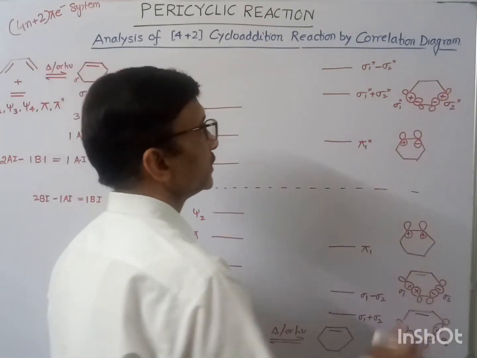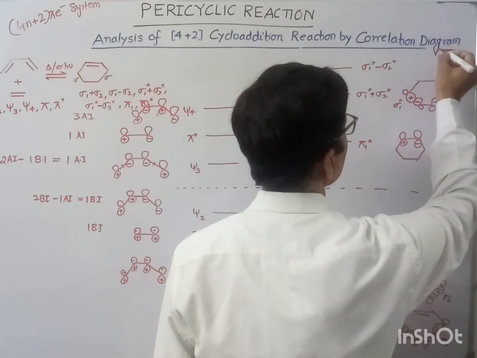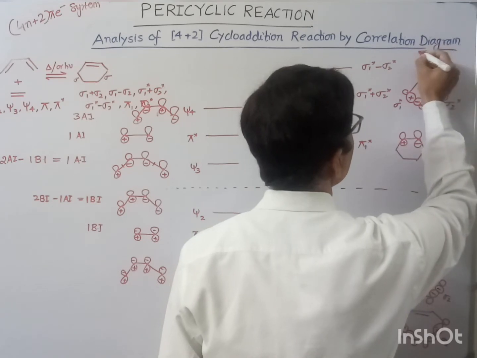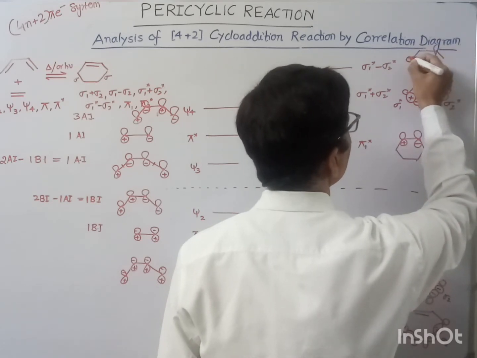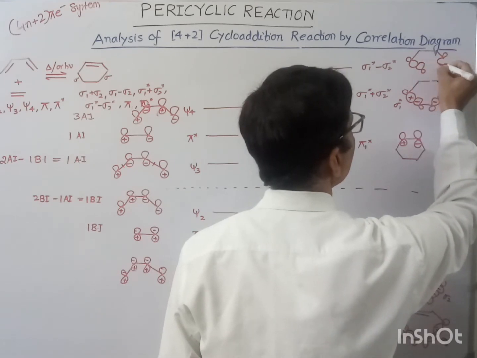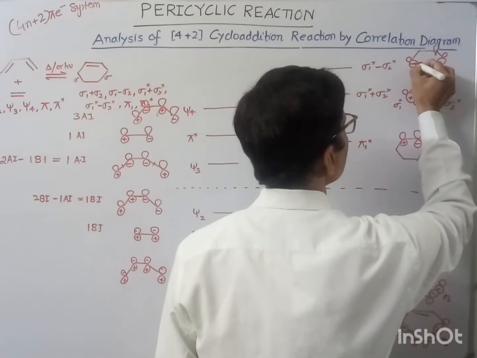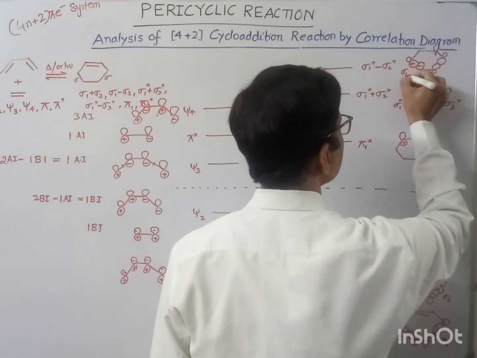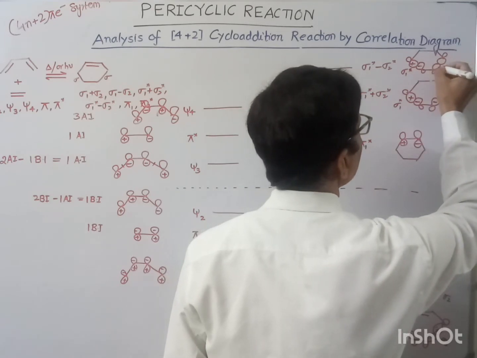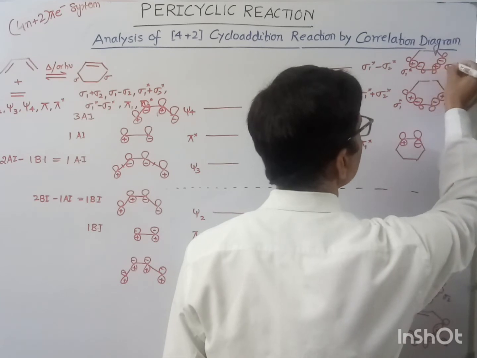Now if you want to write the sigma 1 star minus sigma 2 star, this is plus minus, this is sigma 1 star, and this will have sigma 2 star minus plus.